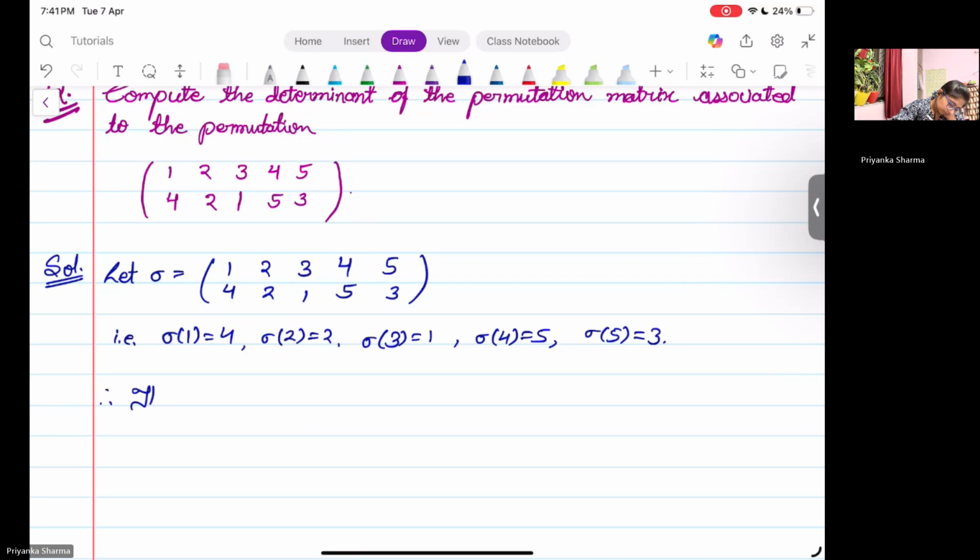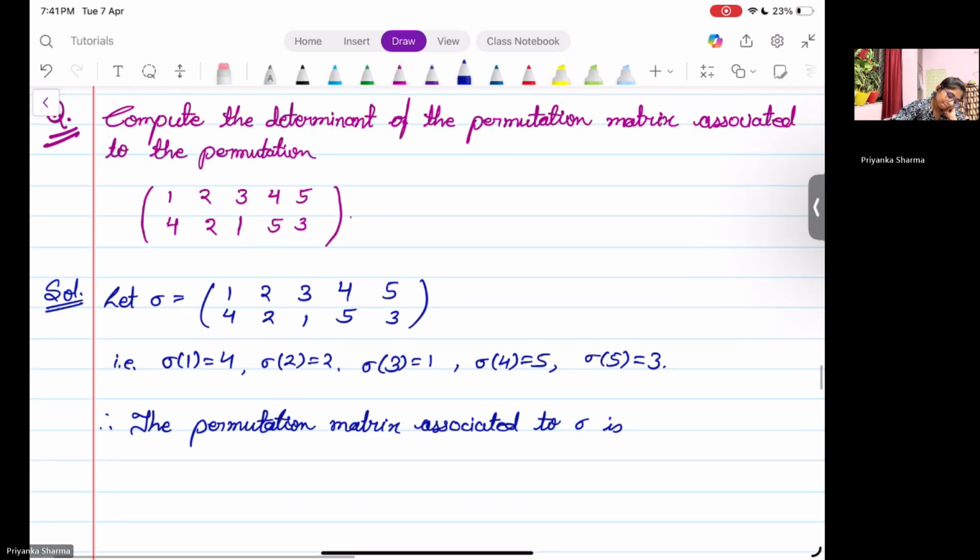Therefore, the permutation matrix associated to sigma is, so see, this is an element of S5. That is, we need to find the standard basis of R5.